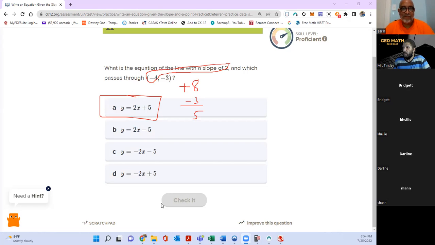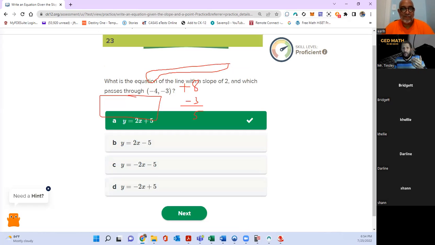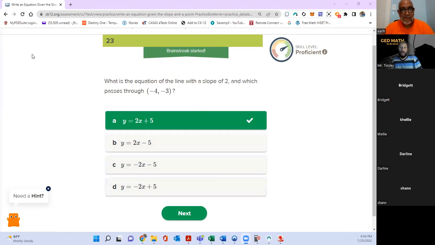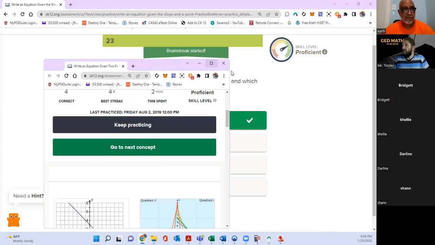Now, again, math builds upon each other. Concept after concept, they build upon each other. So we found the slope between two points. We found the equation of a line given the slope and the point. Now, watch this. Again, you can practice every one of these in Schoology, under CK12.